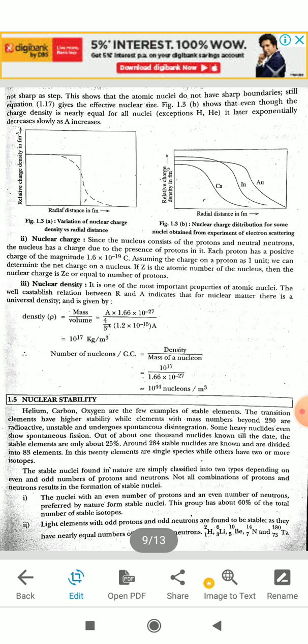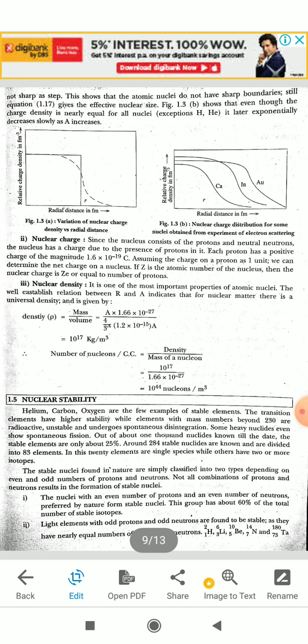Now we also have to discuss the stability of the nucleus. In the last lecture we also discussed this topic, nuclear stability. There are many nuclei, some stable and some unstable, some radioactive elements. So what are the criteria for the stability of a nucleus?